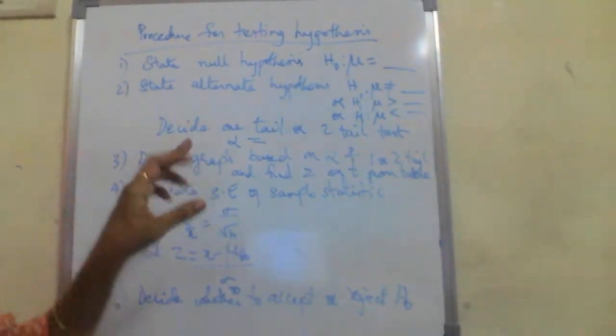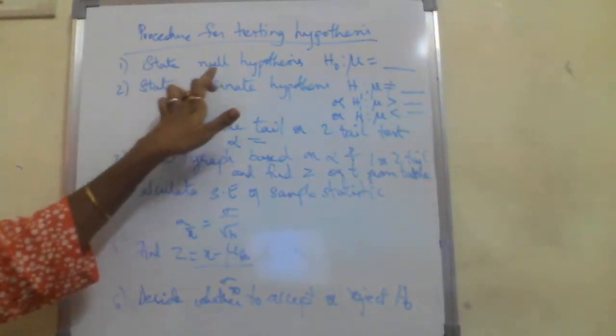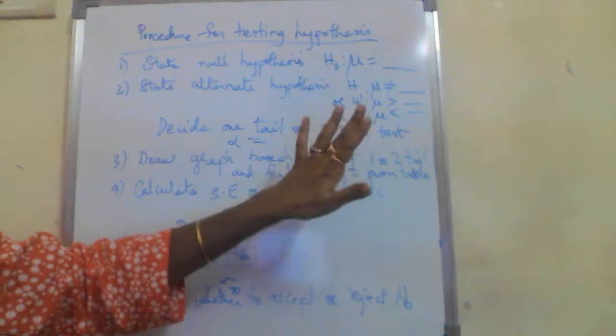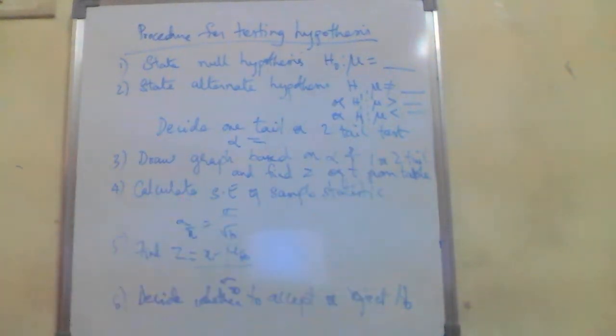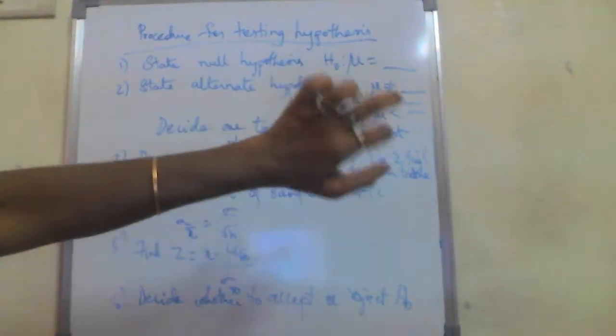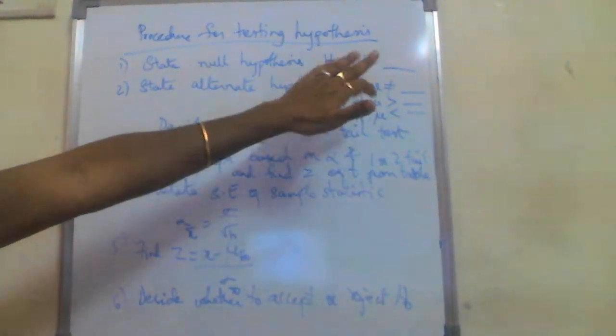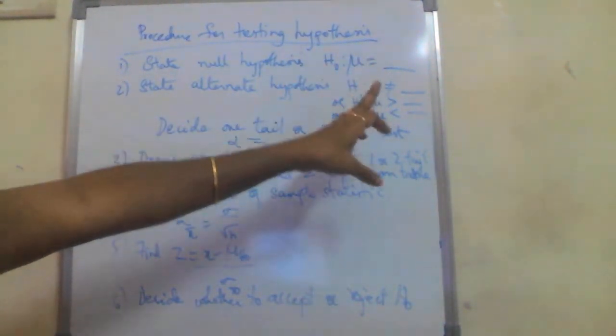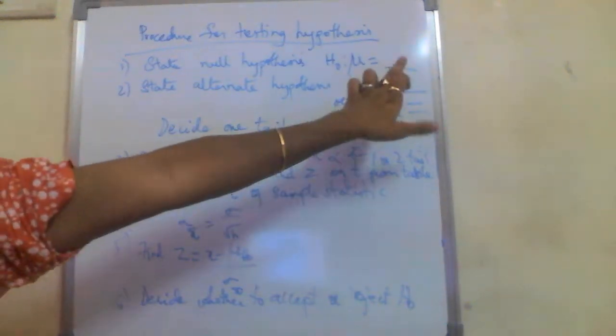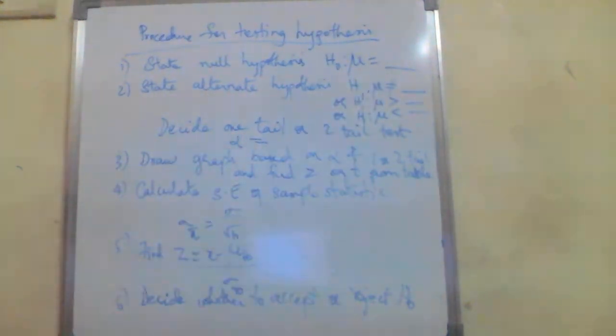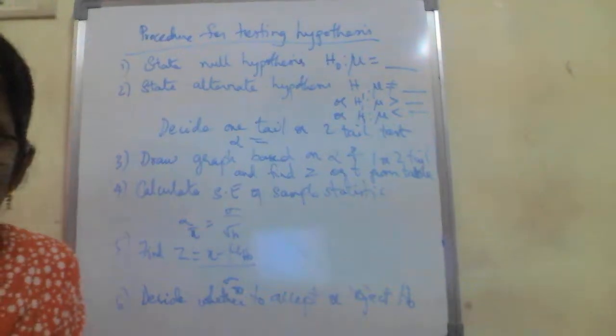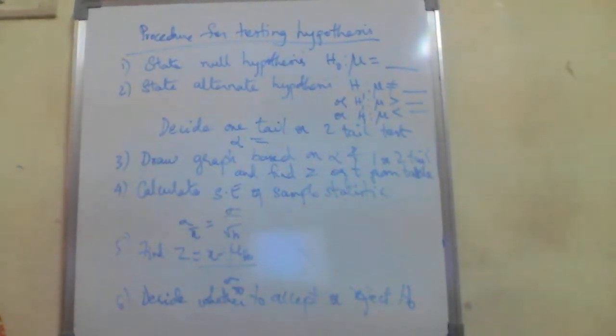The first thing is you have to state the null hypothesis. That is, when a problem is given, first you have to write what is the null hypothesis. Yesterday I already told you, H naught: mu equal to whatever average value or whatever mean value they give you, you have to mention here. Then we will check whether that particular value is right or wrong.